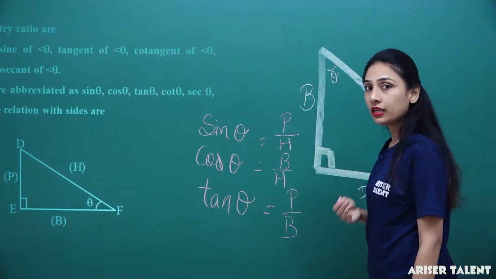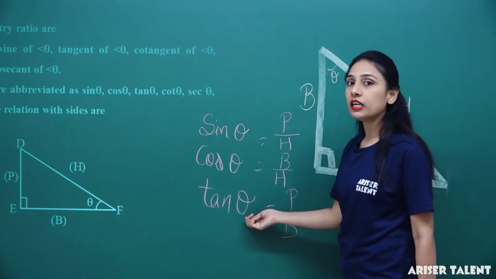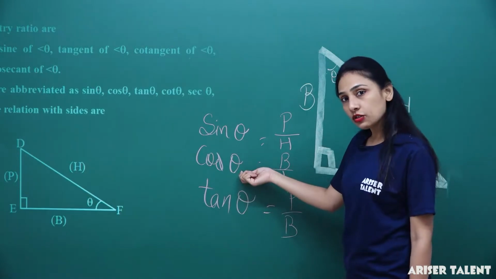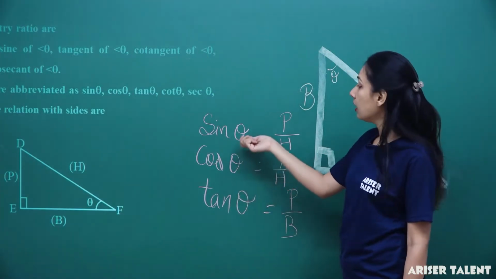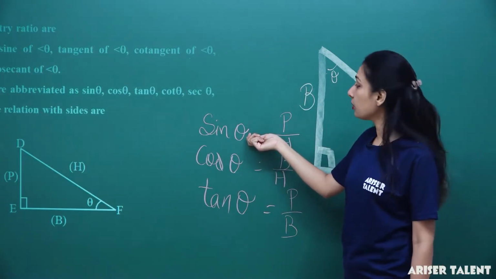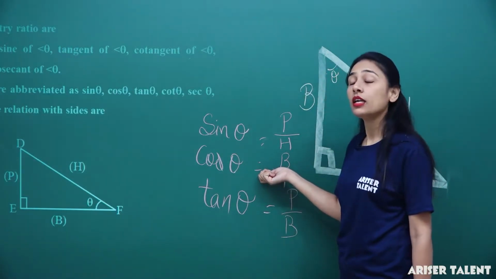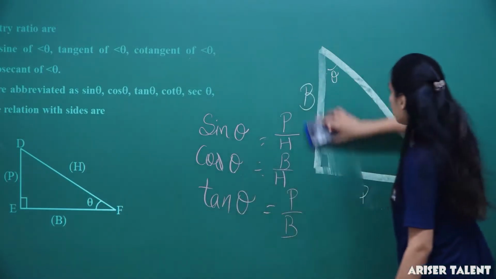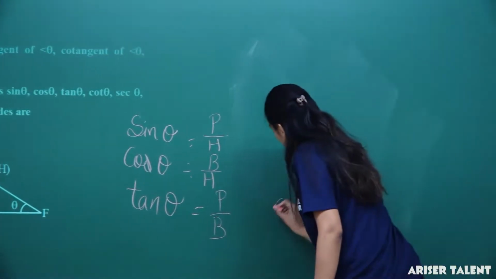Now we again have cot theta, sec theta and cosec theta. The inverse of tan theta, that means 1 upon tan theta, is cot theta. Cos theta is 1 upon sec theta, and sin theta equals 1 upon cosec theta. So cosec theta equals 1 upon sin theta, and similarly sec theta equals 1 upon cos theta.